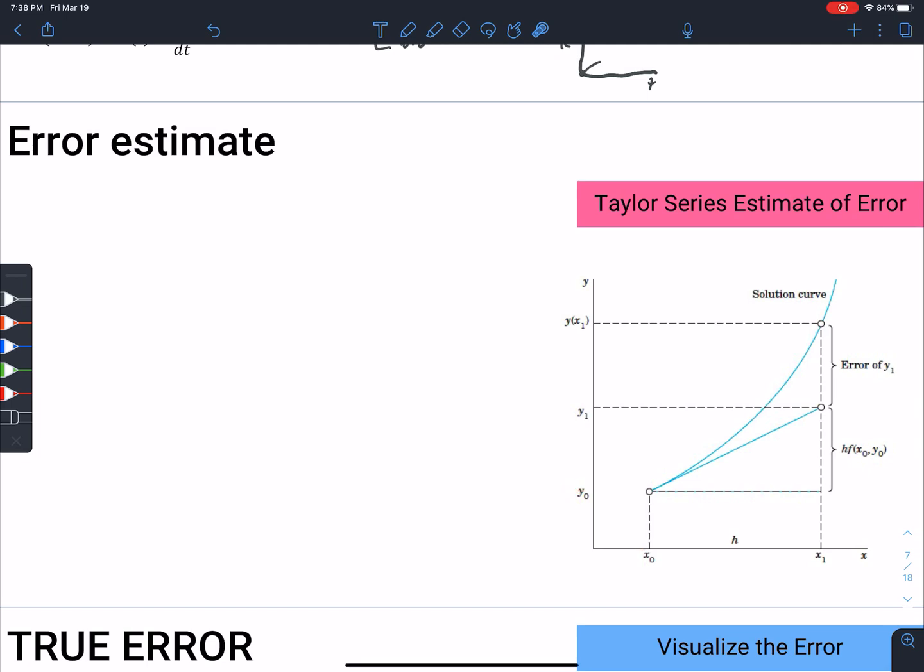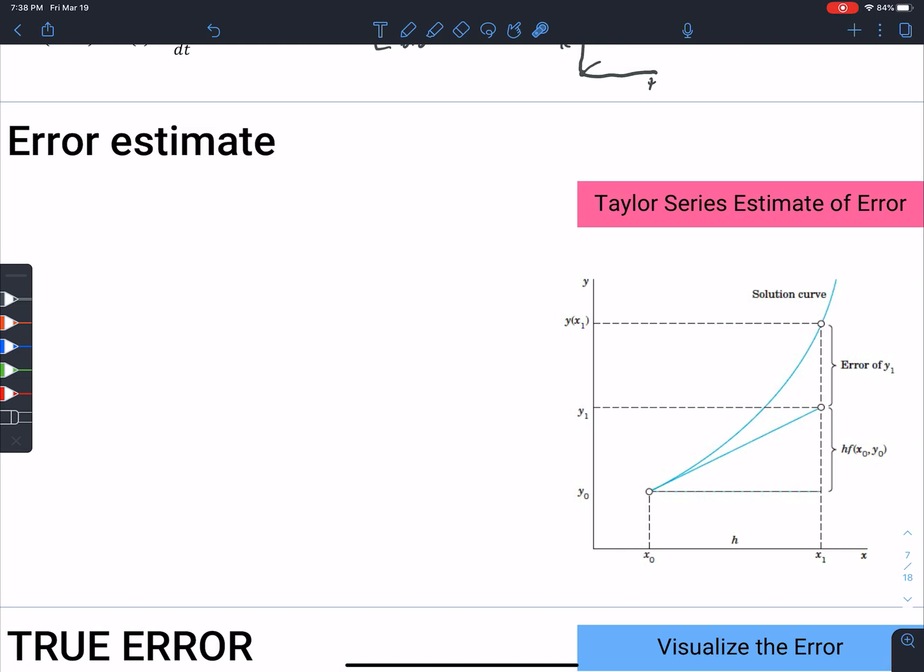And let's pretend that this curve here is the actual solution, the true solution. And as we just saw, Euler's method all it does is take this value and take the slope, and then take a step of size h along that direction. So it actually pretends that this function is a constant within that small region.